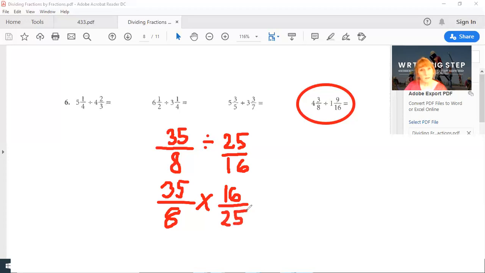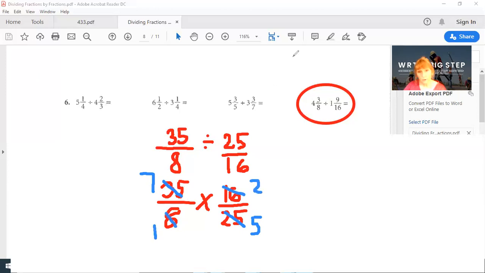I can see some canceling that I'm able to do, so let's go ahead and do that. So we can take 5 into 35. 5 times 7 is 35. We can take 5 into 25 because 5 times 5 is 25. 8 will go into 16 twice. 8 will go into itself once.